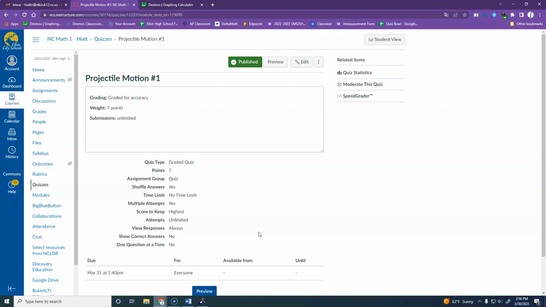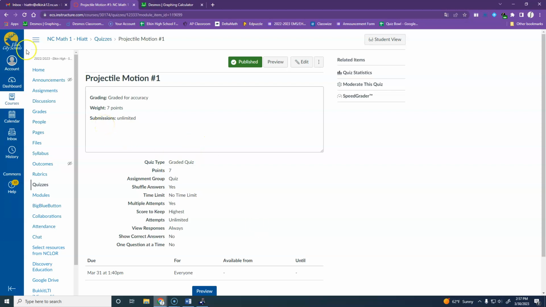It does not pull from question banks, I don't believe, so it should give you the same questions again, and you'll know you're fixing the ones that you missed. Yes, you may use Desmos. It is not embedded in this because this is just an assignment, even though Canvas calls everything a quiz that has answers to it. You can have a second tab open for Desmos and go back and forth. That's fine.